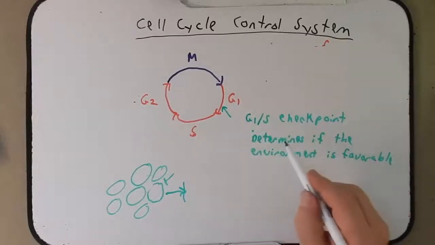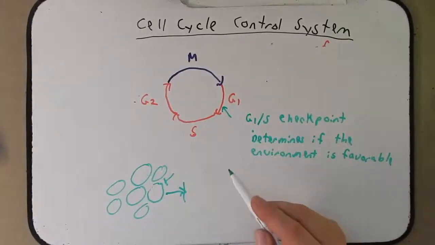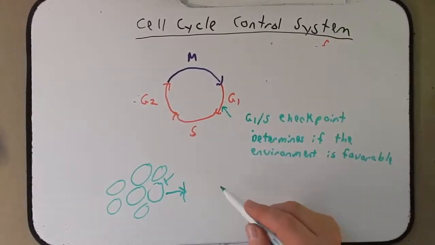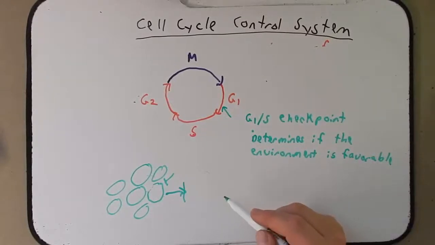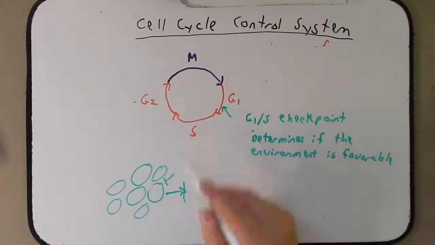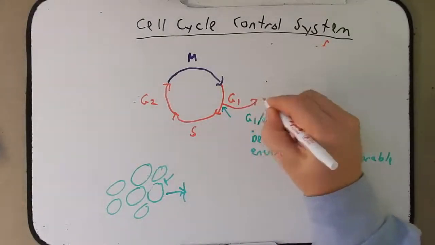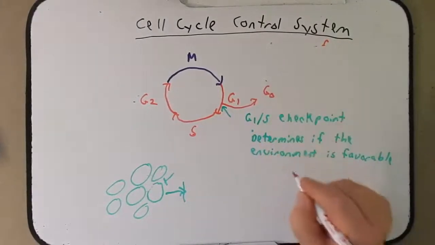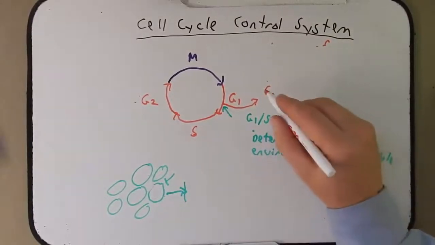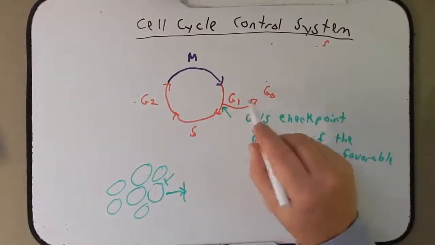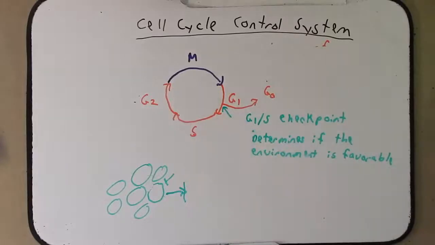So it assesses whether or not, based on cues it's getting from the outside and also cues that it's generating on the inside of a cell, it's ready to move on to the S phase. If it's not, it will exit the cell cycle, so to speak, here and enter this G0 phase. At G0, it will just rest there until it gets some kind of cue to re-enter the cell cycle.